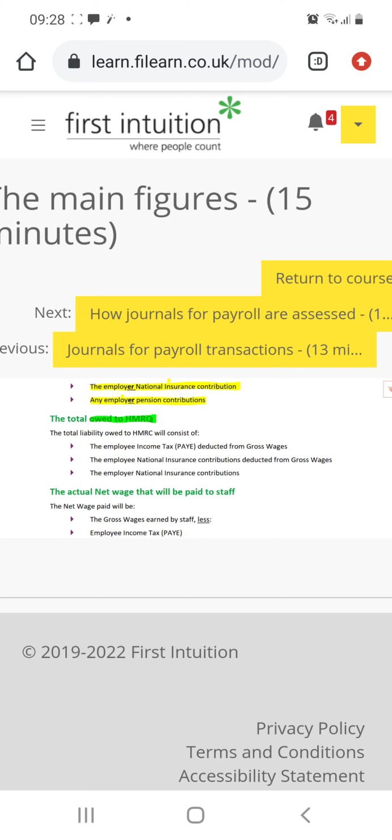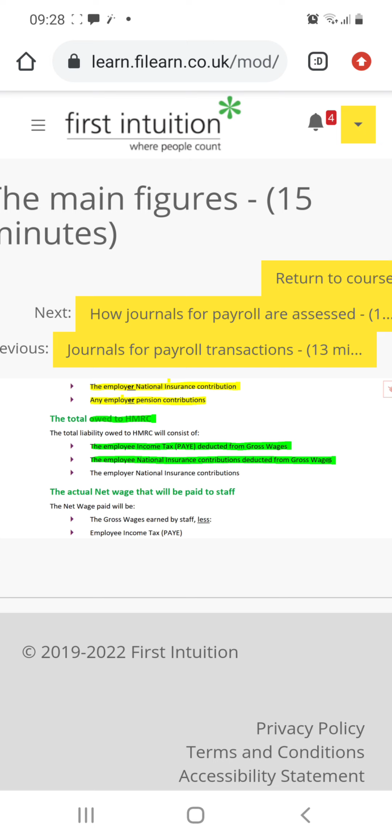So any income tax or PAYE that has been deducted from a staff member's gross wages, we need to hand that over to Revenue and Customs on behalf of that employee. Exactly the same thing with the national insurance contributions that are the employee part.